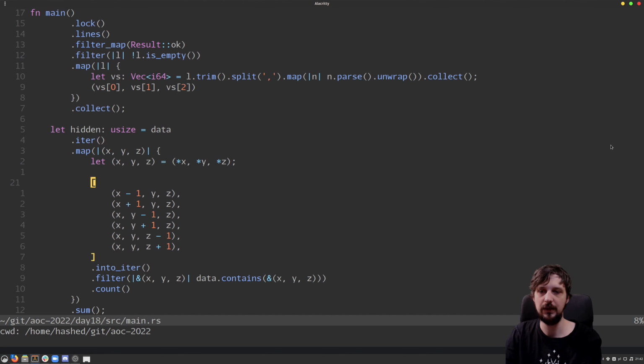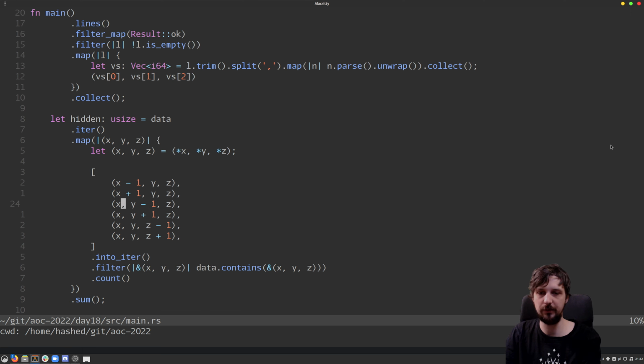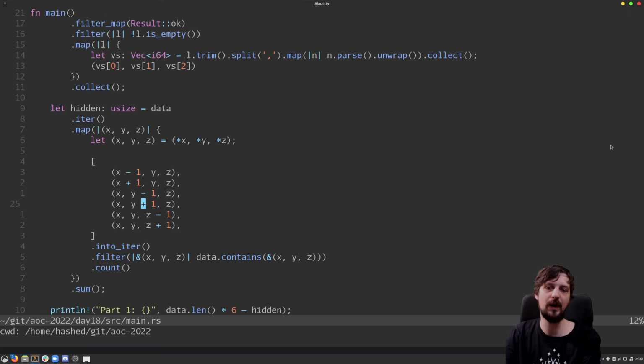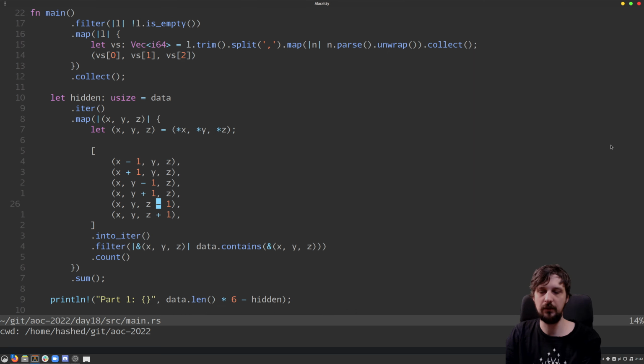So what I do for every cube I have, I look for other cubes with one coordinate changed, because those are coordinates touching my face.